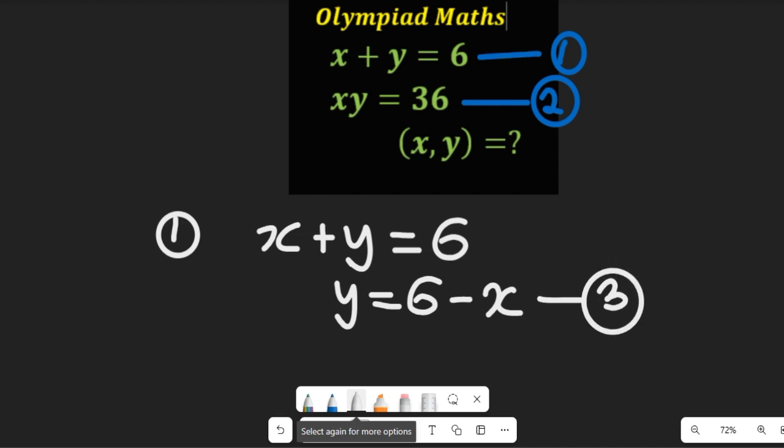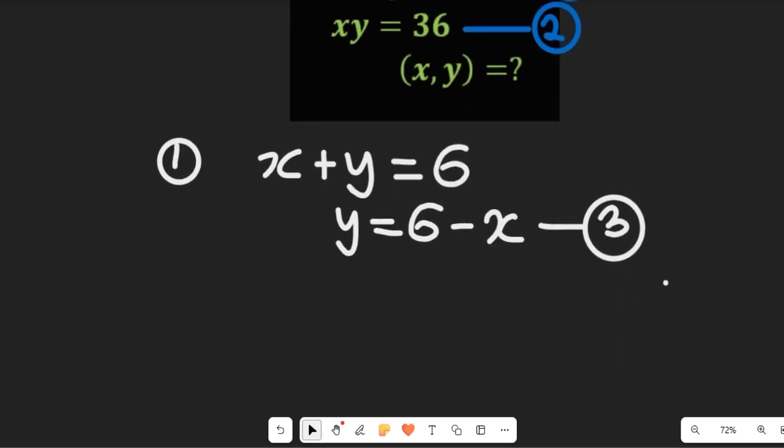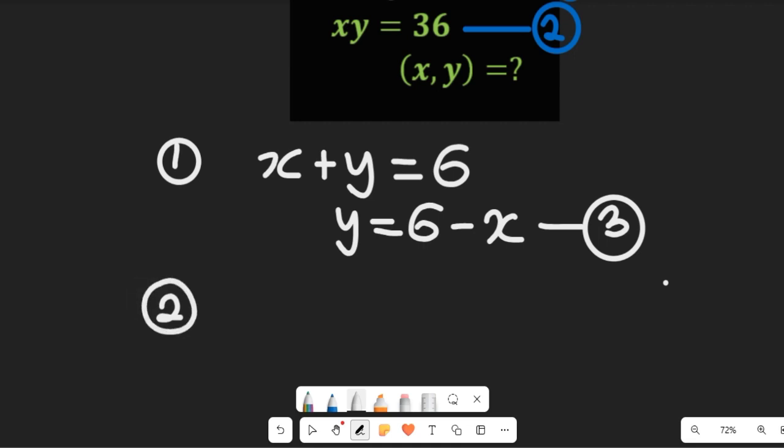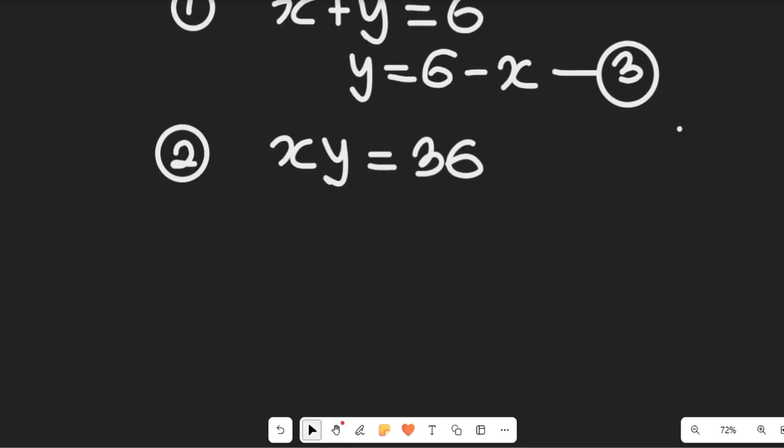Now from this expression, I can see the need of working on the second equation. From equation 2, which is x multiplied by y equal to 36, I can insert the value of y into this expression.